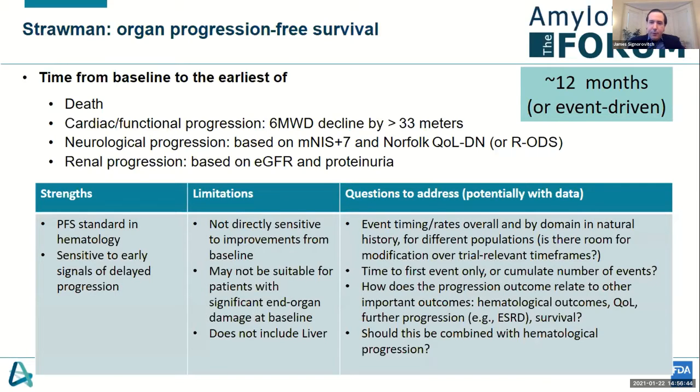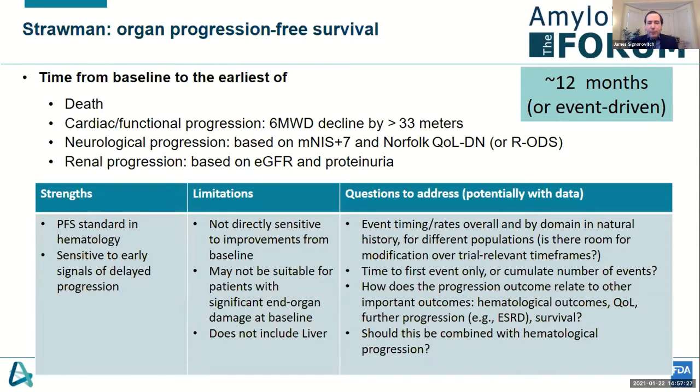So now I'd like to put forward some straw men for the different types of composites. I'll go through these briefly because I think a lot of the key issues will probably come up in the discussion, and I want to leave room for that. So one would be a measure of organ progression-free survival. This is very much in the spirit of the MOD PFS that was used in Andromeda, but seeing if we can take some of those organ deterioration measures and make them things that occur earlier in the disease course rather than later.